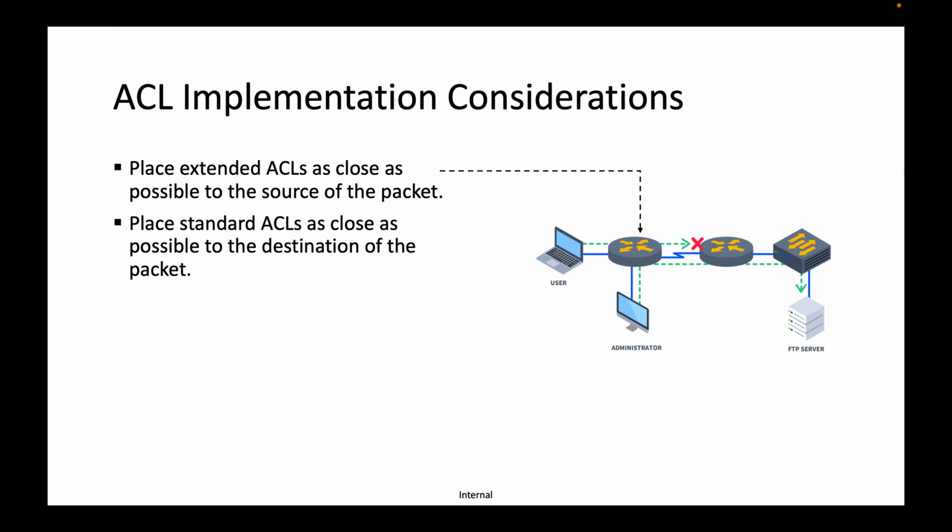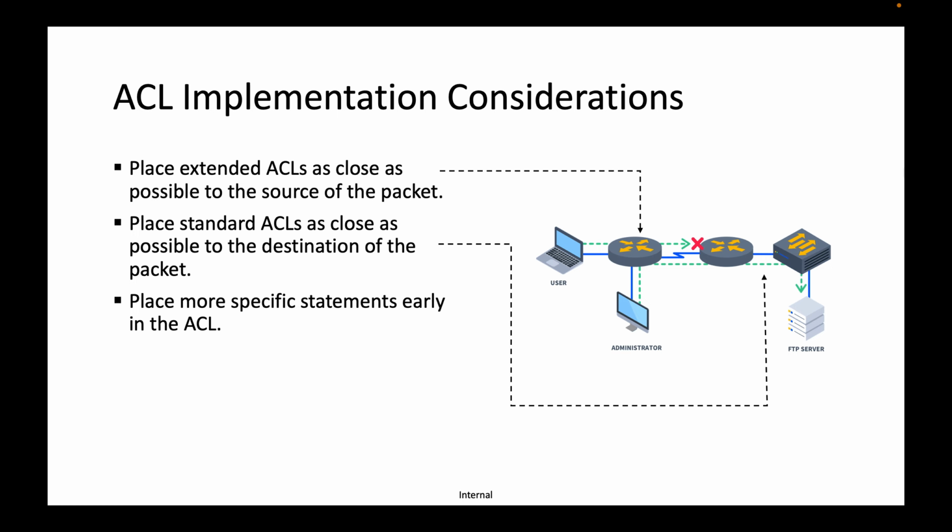Then place standard access lists as close to the destination as possible, because standard ACLs look only at the source IP address. They tend to filter more than you want to filter when placed close to the source. That's why it's better to place it closer to the destination, because this strategy avoids the mistake with standard ACL, which matches the source IP address only, of unintentionally discarding packets that did not need to be discarded.